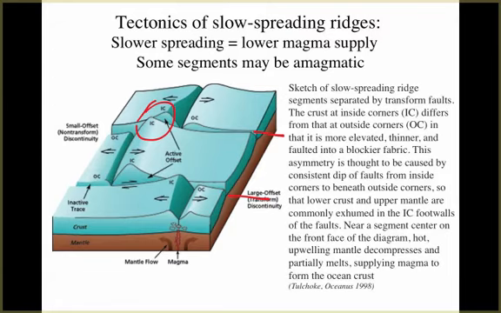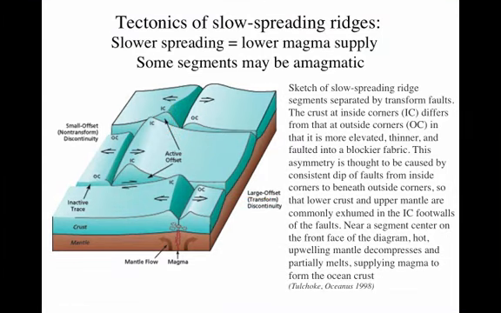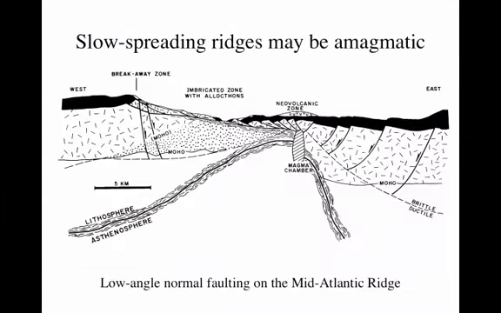And near the segment center on the front face of the diagram, hot upwelling mantle decompresses and partially melts and supplies magma to form the oceanic crust.